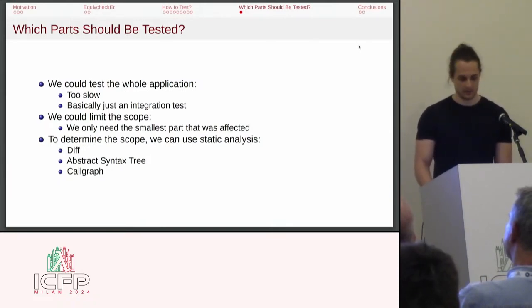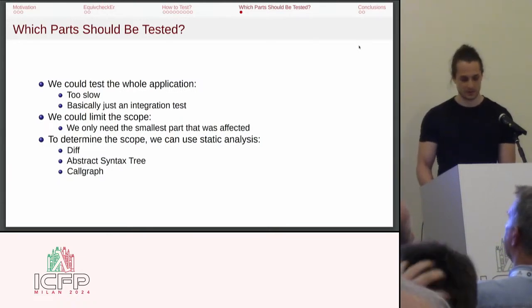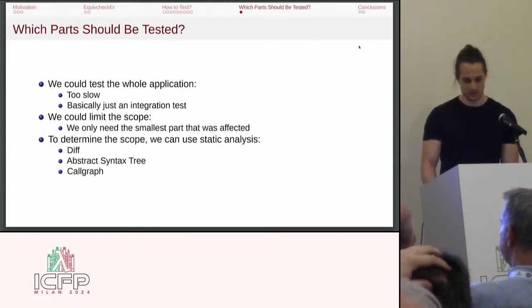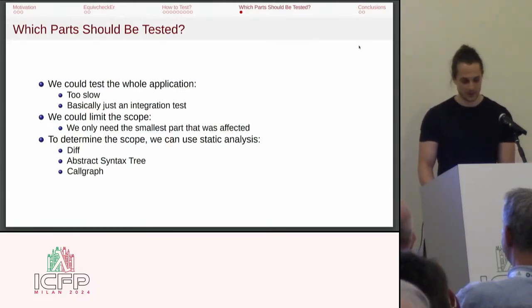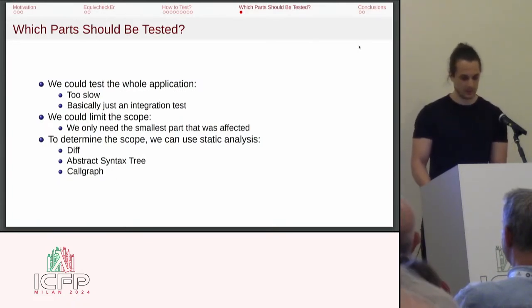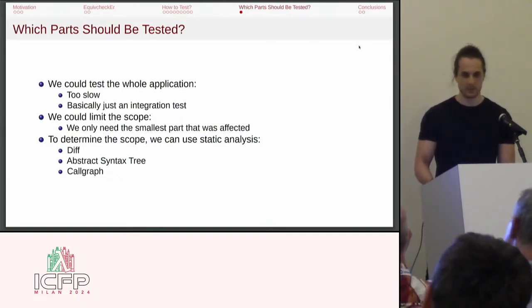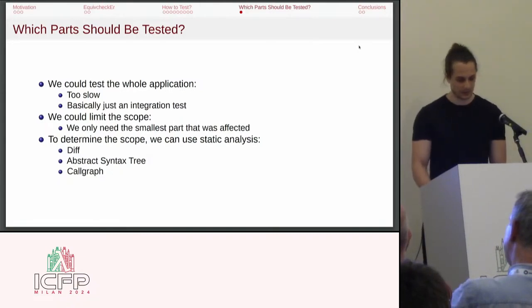Also, imagine we rename some variable in the local scope of some function deep inside our program; we couldn't even guarantee that that part would run, and it would basically be an integration test. So we wanted to limit the scope, and we only needed the smallest part that was in some way affected by the refactoring.